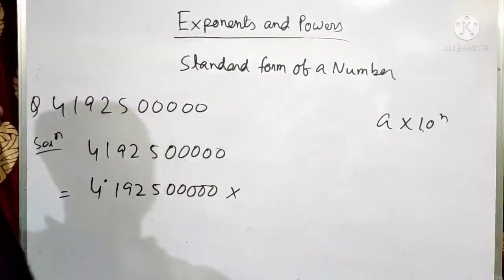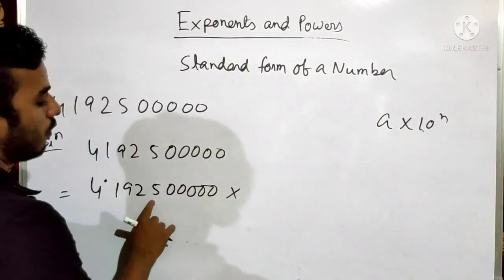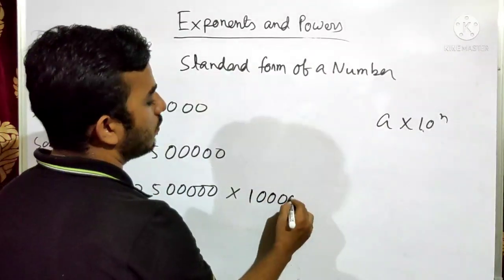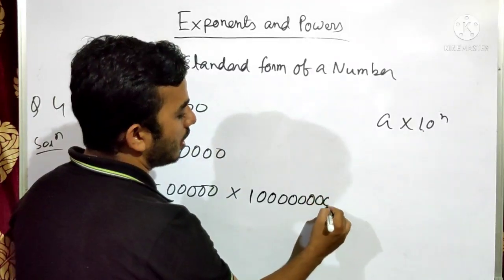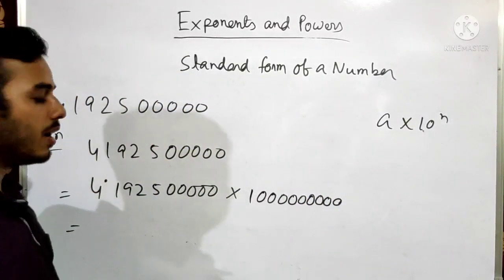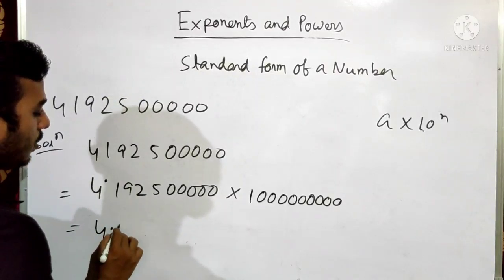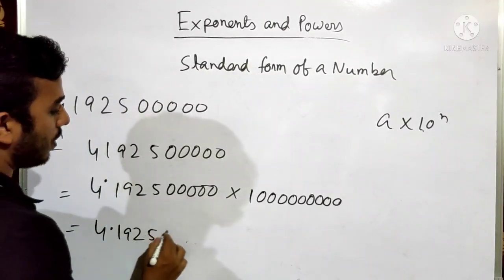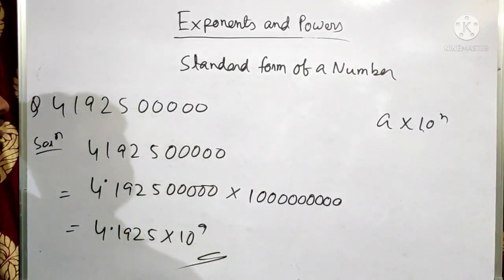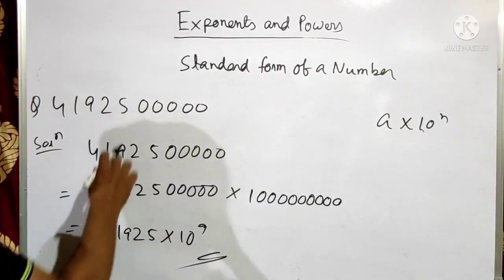After the decimal, how many digits? 1 2 3 4 5 6 7 8 9. Now the zeros after the decimal need not be written, so we can write it as 4.1925 into 10 to the power 9. This is the standard form of that number.